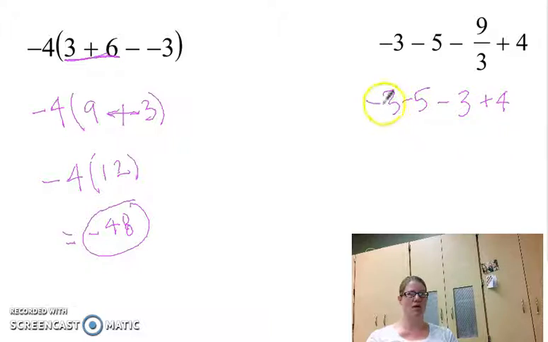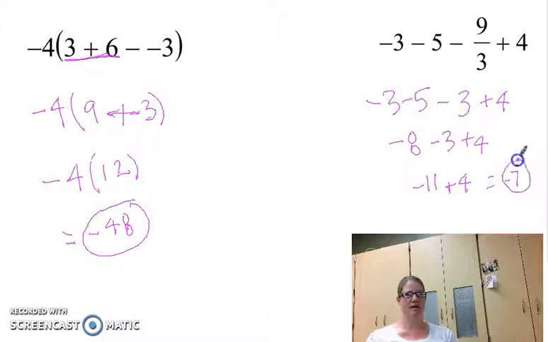So negative 3 minus 5 is negative 8. Negative 8 minus 3 plus 4, just keeping everything. Then negative 8 minus 3, a negative plus another negative makes a bigger negative, so negative 11 plus 4. And then negative 11 plus 4 would give me negative 7. So that one would be negative 7.